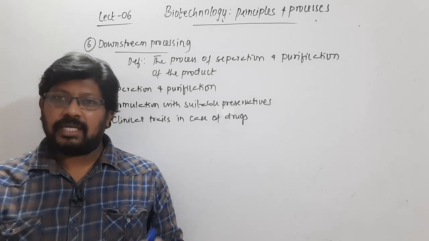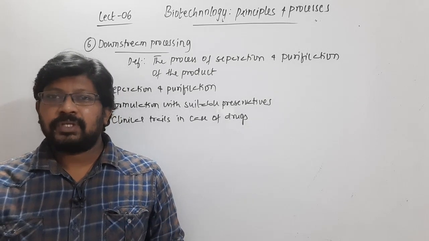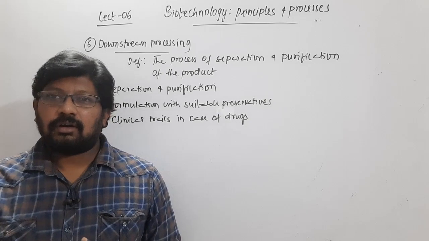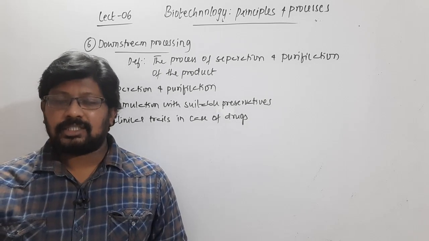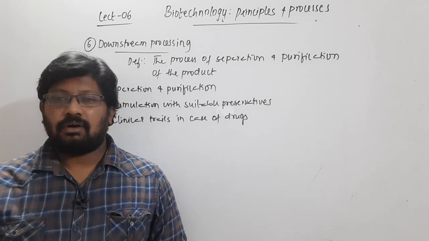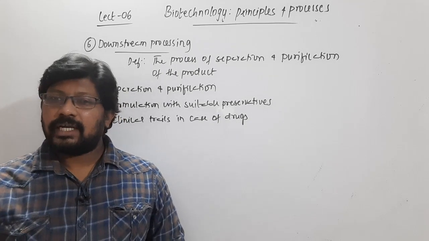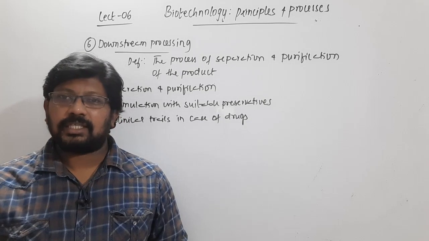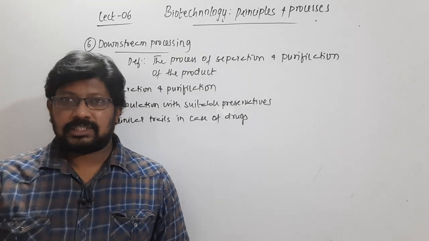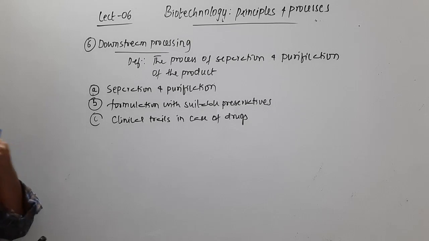Step by step, on mice, then on monkeys, and later they will try it on a few human beings and see whether it's working or not. If it is not working, then they need to see what the problem is and repeat the whole process again. So they need to go for these clinical trials in the case of drugs.